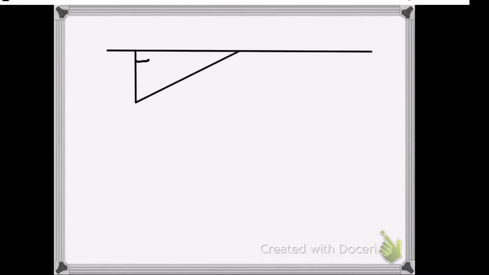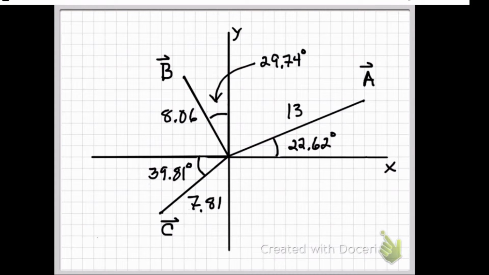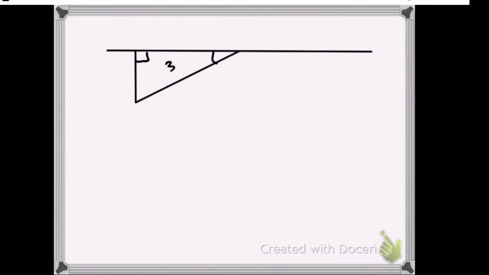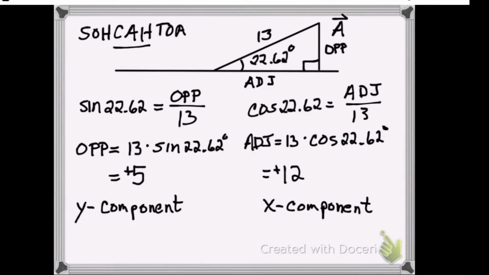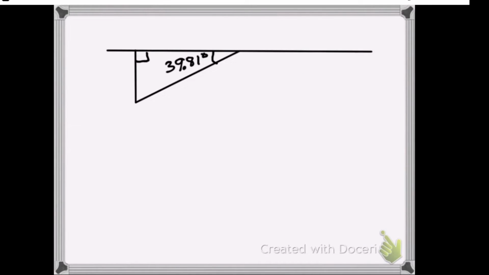That's our right angle there. Okay, and this angle in here, let's go back and look at the numbers, 39.81 degrees. And we also know that the magnitude is 7.81. Sorry about flashing back and forth like that there, but there we go.